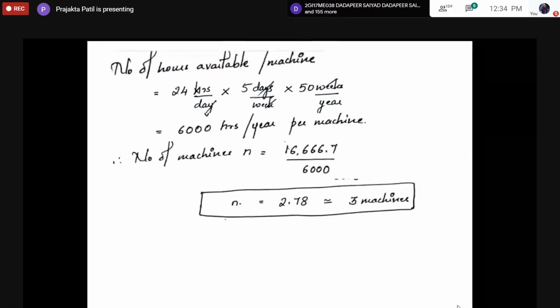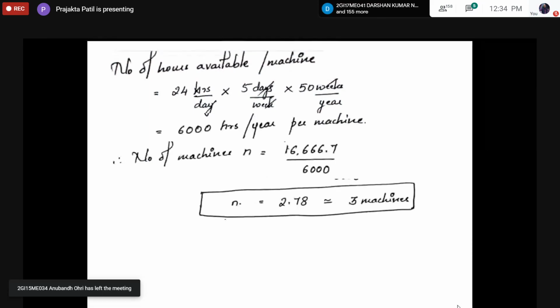So the next part is to find the same, that is the number of machines when availability is 90%.